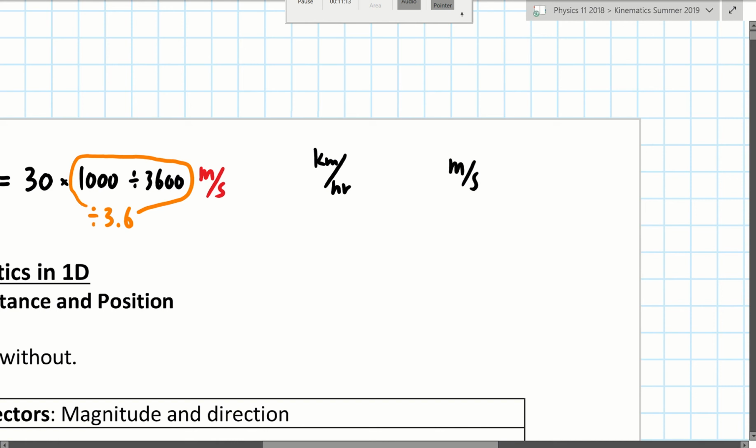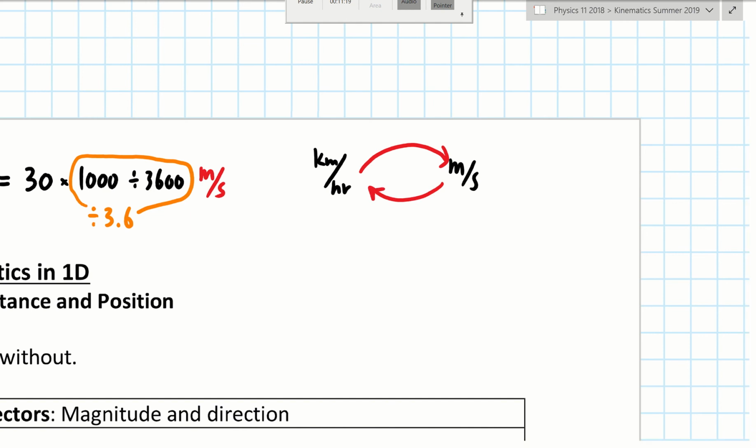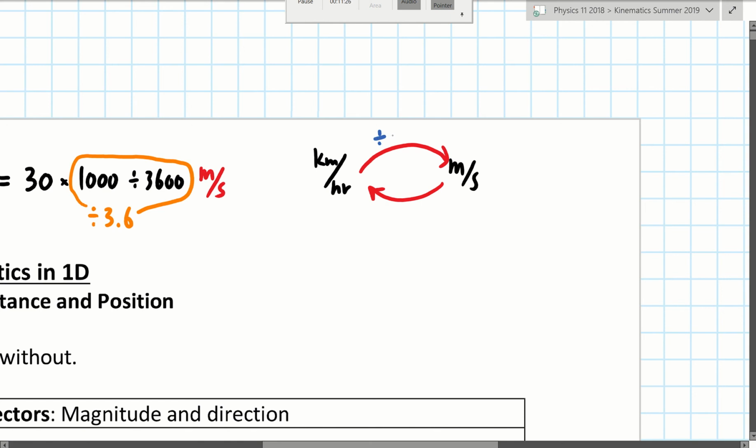So meter per second. If I want to go this way versus if I wanted to go back, sometimes they might want you to express your answer in terms of km per hour, and then you have meter per second to begin with, and you can go back. So divide by 3.6 if you want to go from km per hour to meter per second, multiply by 3.6 if you want to go back. Okay, so this is kind of like a shortcut.